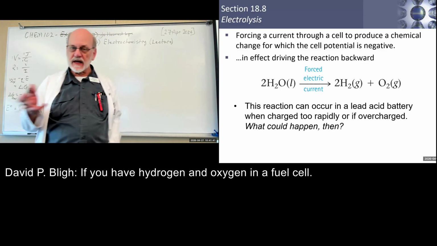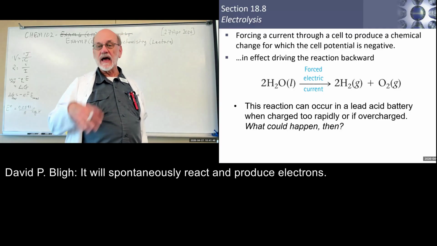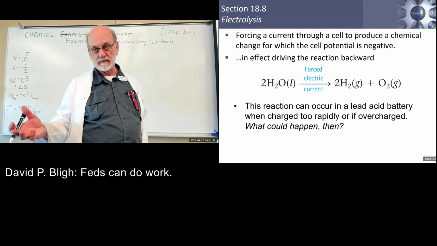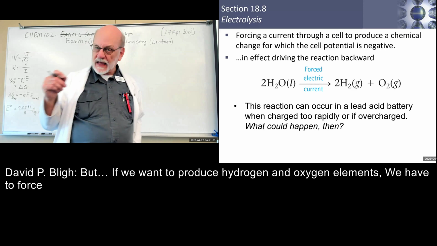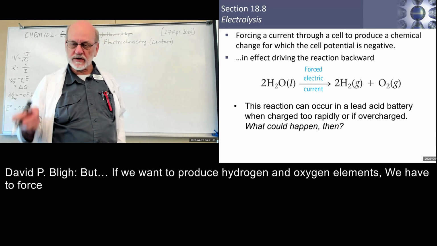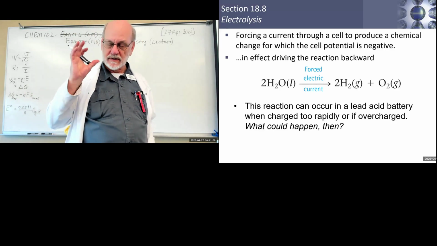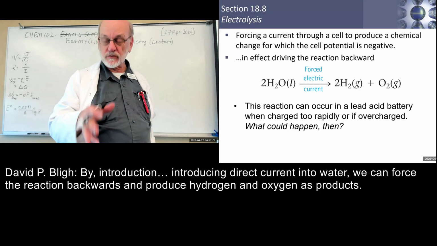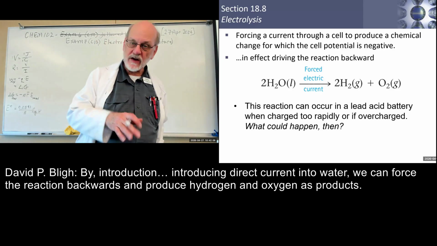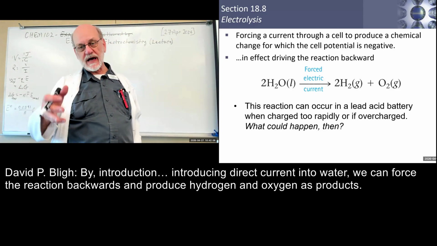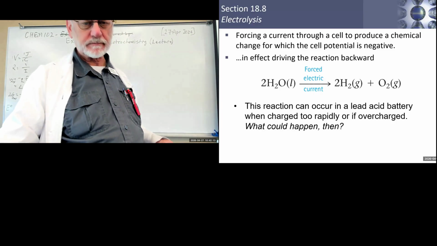If you have hydrogen and oxygen in a fuel cell, it will spontaneously react and produce electrons that can do work. But if we want to produce hydrogen and oxygen elements, by introducing direct current into water, we can force the reaction backwards and produce hydrogen and oxygen as products.